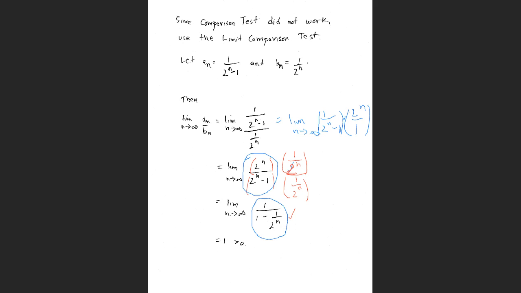I'm multiplying the numerator and denominator by 1 over 2 to the nth power, but the whole thing is just 1, right? And so it's trying to justify that next step there.